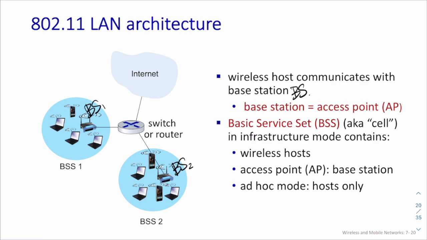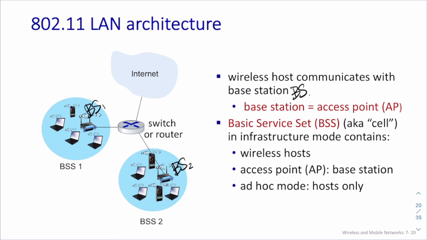In this architecture, we also call it infrastructure mode. That means in this BSS we have an AP, or say we have a master. All the other mobile devices have to associate with this master, with this access point, so that their traffic needs to go through this base station to the internet.